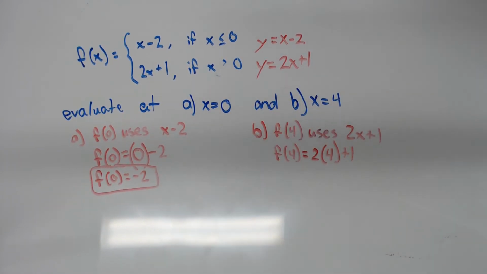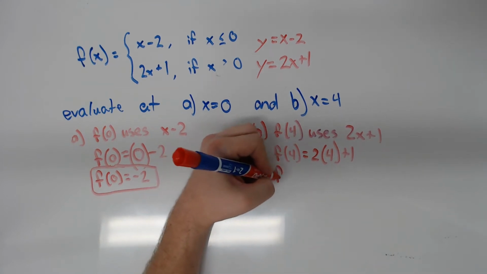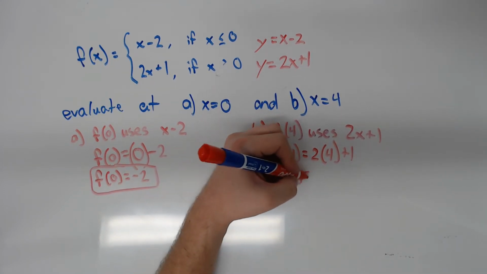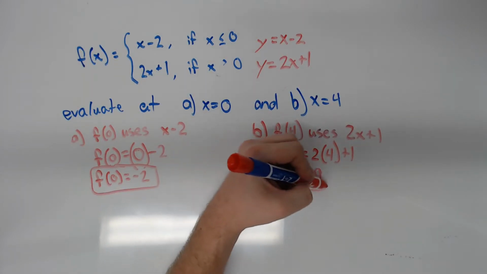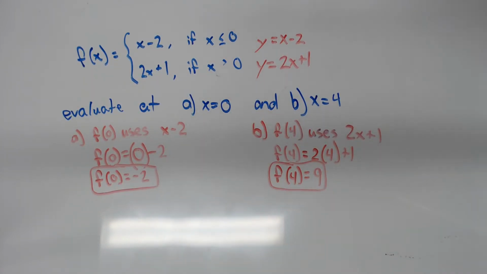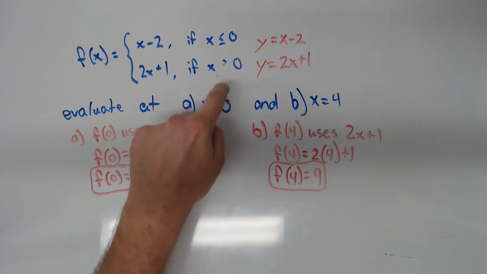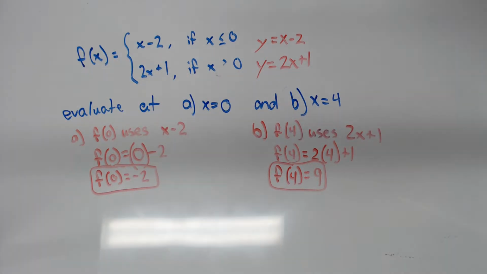Now let's evaluate. 2 times 4 is 8. 8 plus 1 is 9. So it's just a quick practice at reading piecewise functions. Give us an x value, we have to find which equation to use because there's more than one option, but only one of them is correct, depending on this inequality here.